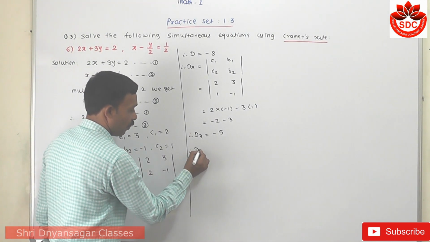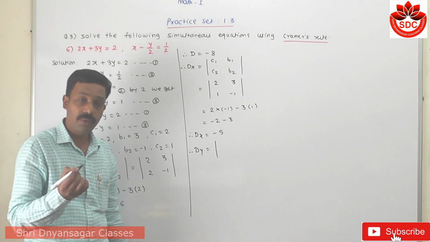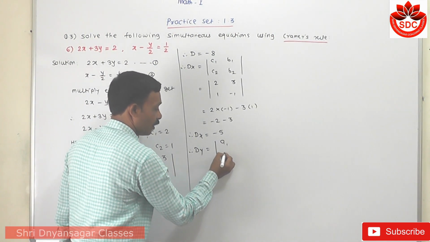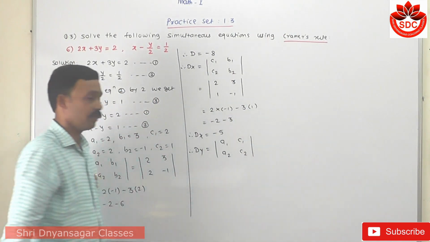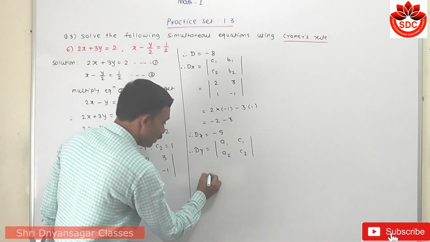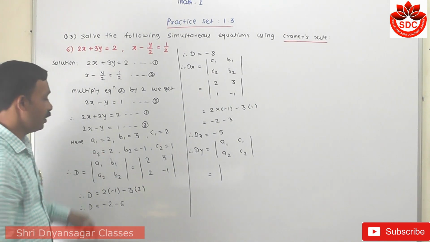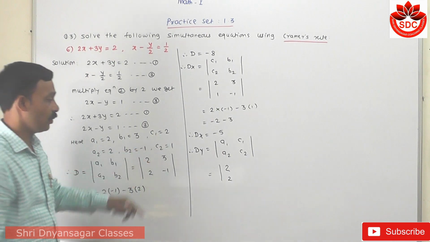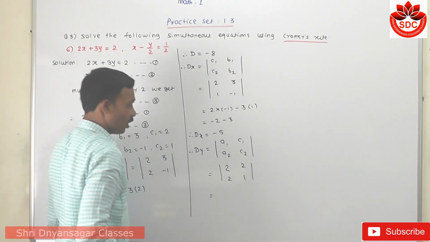Then we can find out the value of dy. So the formula for dy is, now we replace b1 b2 by c1 c2. So write first in column a1 a2 and here is c1 and c2. Then substitute the values here. The a1 is 2 and a2 is also 2 and c1 and c2 is 2 and 1. We take a cross product.